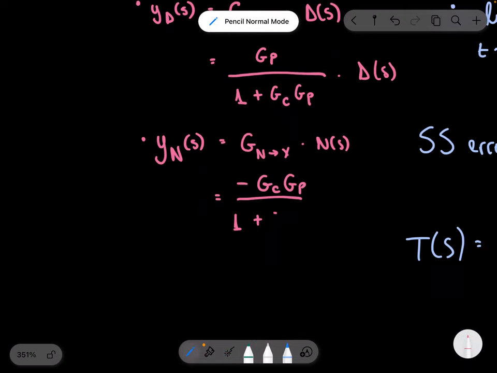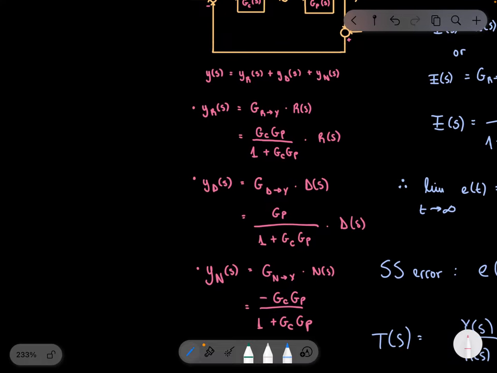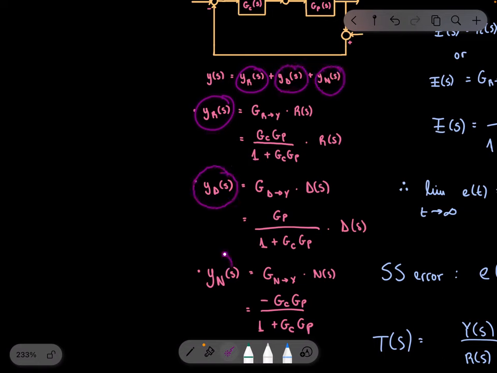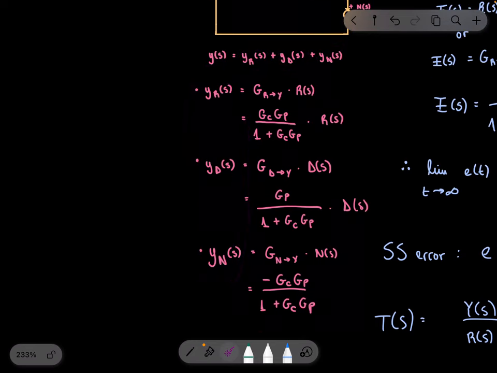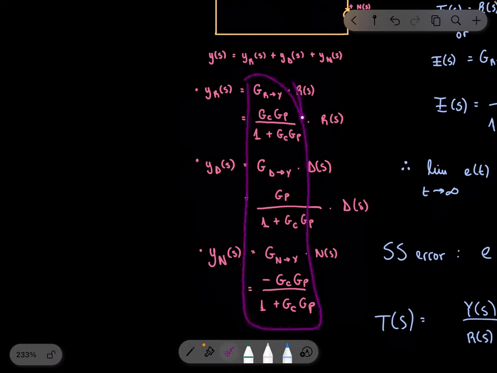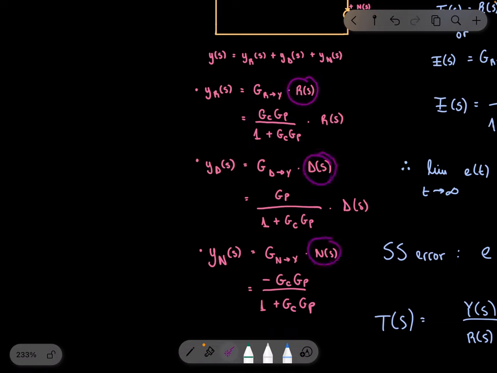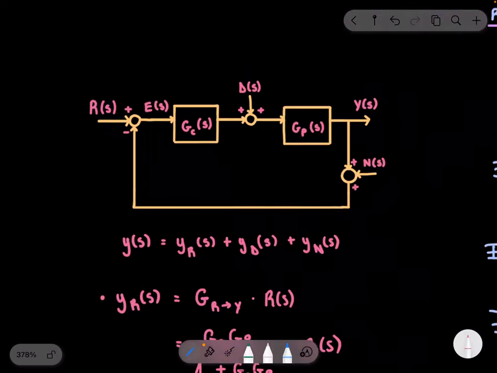GC GP. Okay, so you have the total output as the sum of the output due to the reference signal plus the output due to the disturbance and the output due to the noise. Each of these individual outputs we wrote as the product of the transfer function and the input signal. Let me multiply this one by the noise.